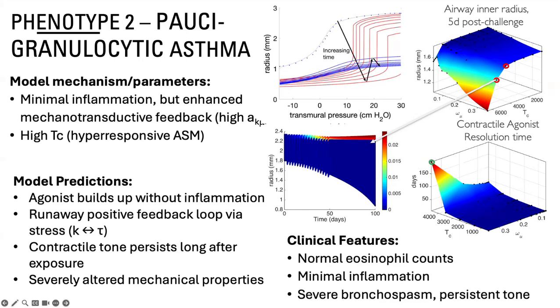And this fits with the clinical features of this particular phenotype, where you have just normal eosinophil counts, so inflammation is minimal, and yet you have this persistent tone, because of this level of agonist that is being released all the time, even post-challenge, and such people with this type of asthma can get very severe bronchospasm and need to be hospitalized as a result.